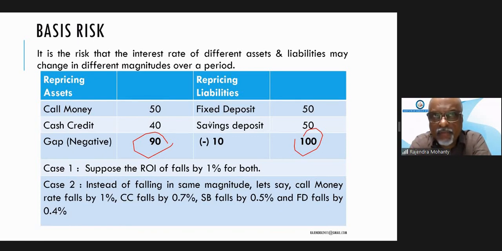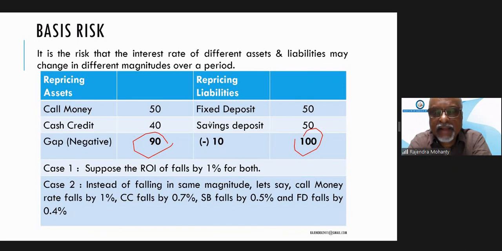So 0.45 we are saving, and 0.78 our income is coming down. So that's why NII decreases. So 0.78 minus 0.45 is how much? 0.33. So the NII would be declining by 0.33.